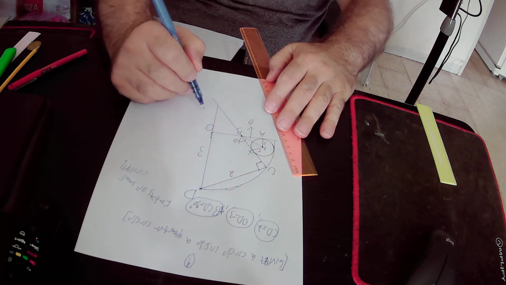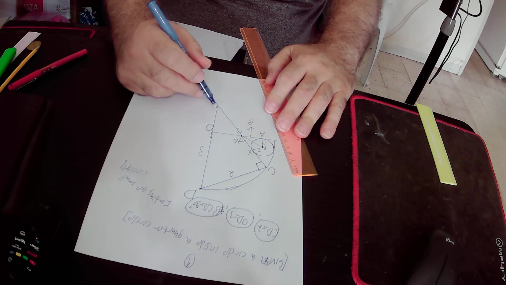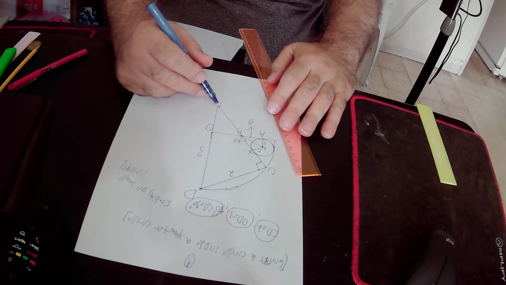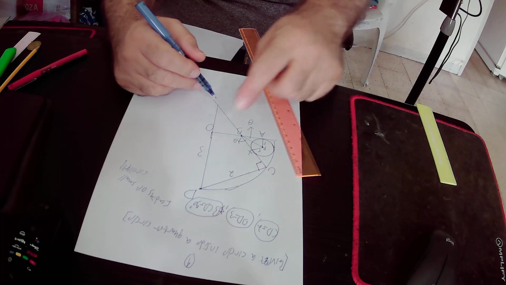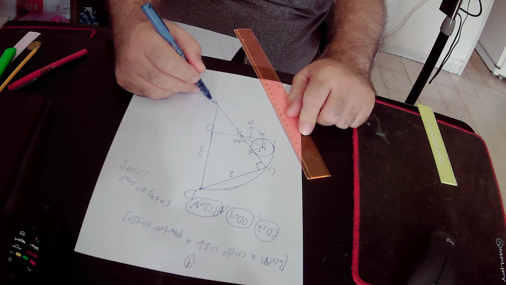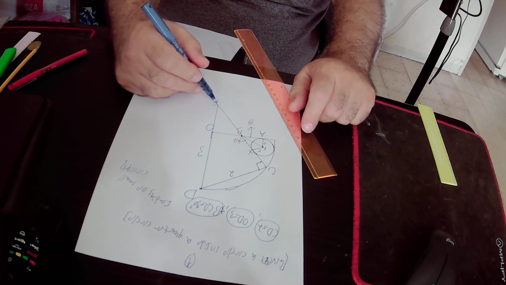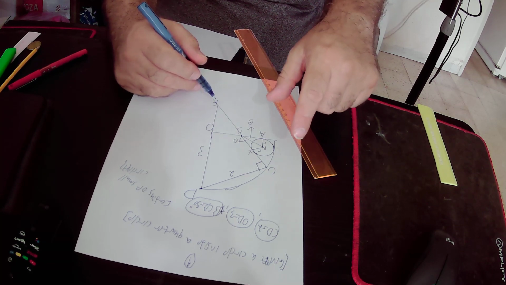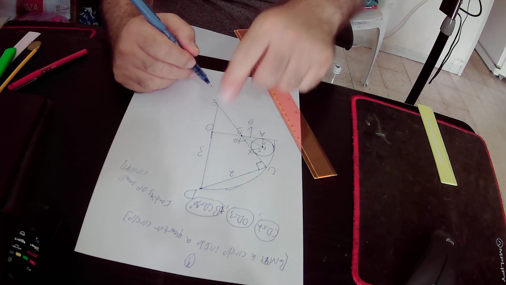And we will call the intersection point between line segment CB and line segment DO E. Okay, point E is the intersection point between CB and DO.